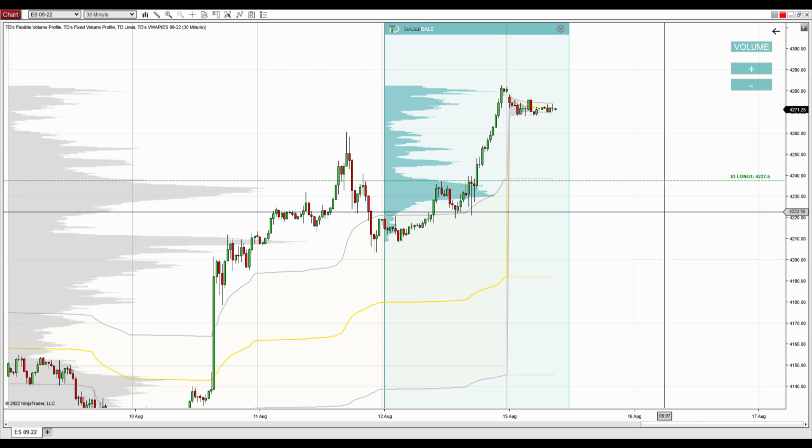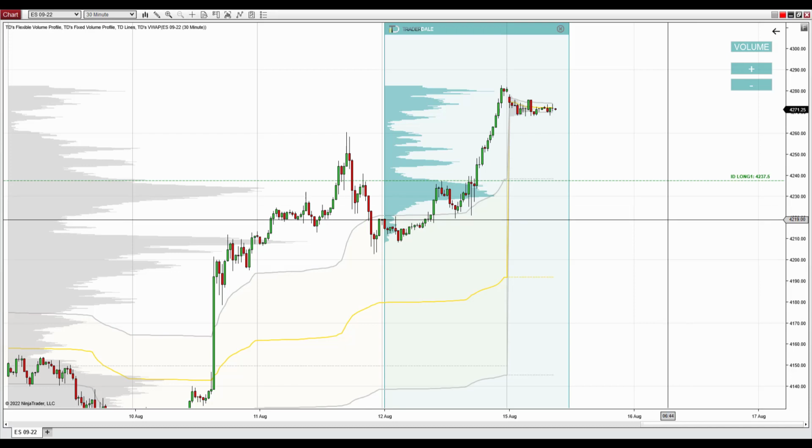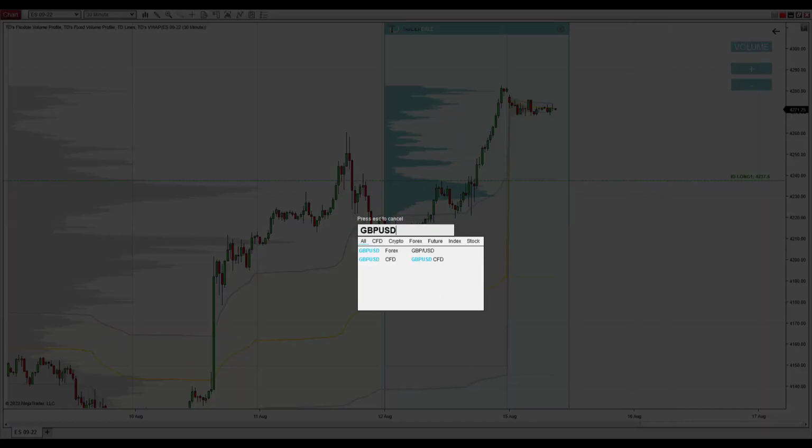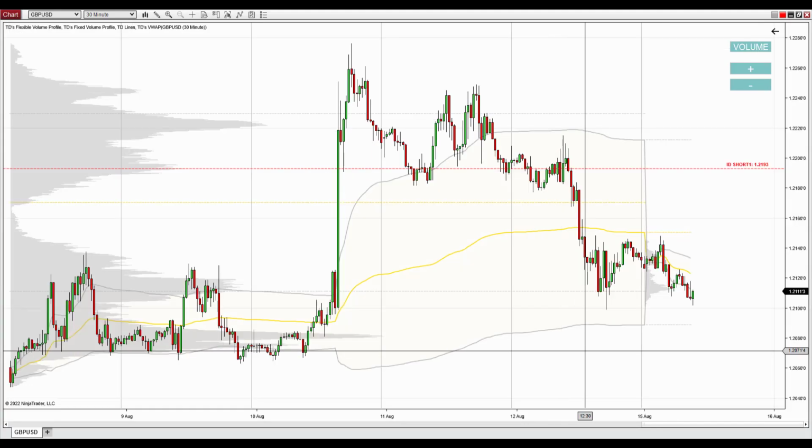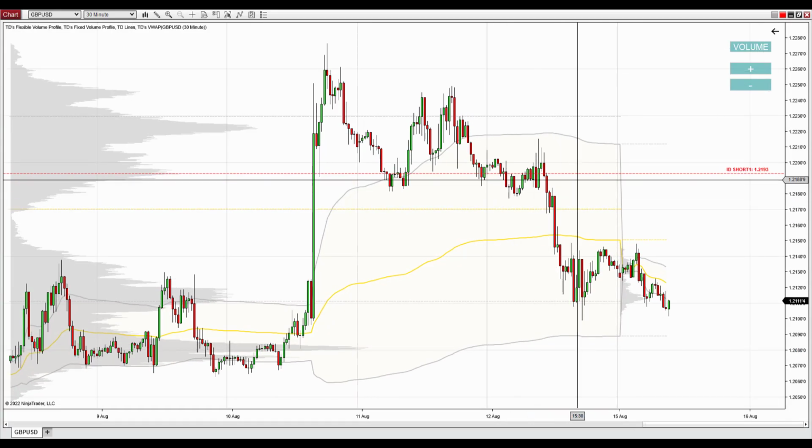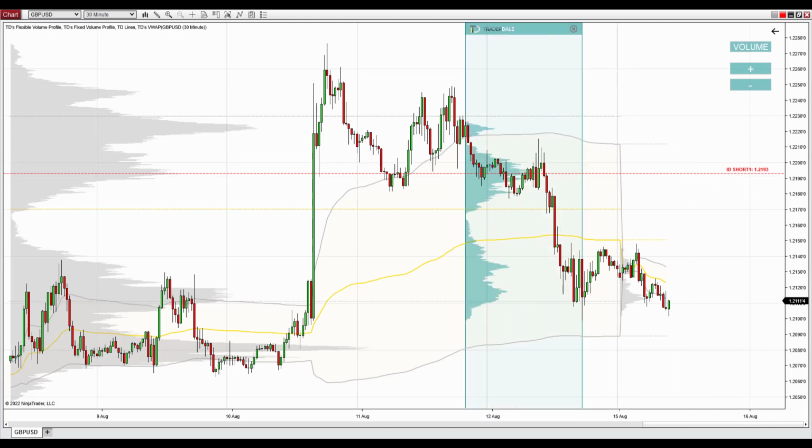That's for the ES. Let's now check out another trading idea, and the next one will be on the British pound. So what I wanted to show you on the British pound is this significant volume zone from which strong selling activity started. This is a bit similar scenario as on the ES, because again we have a significant volume zone and a trend activity.